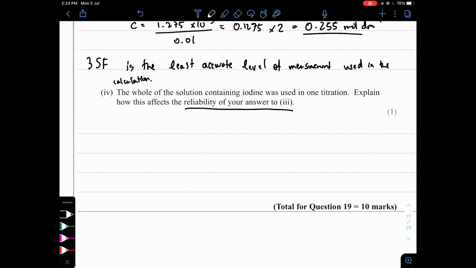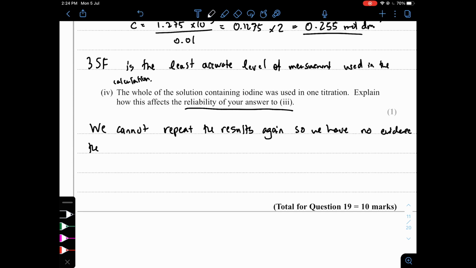Because we cannot repeat the results again. And because we can't do that, we have no evidence that the results are repeatable.